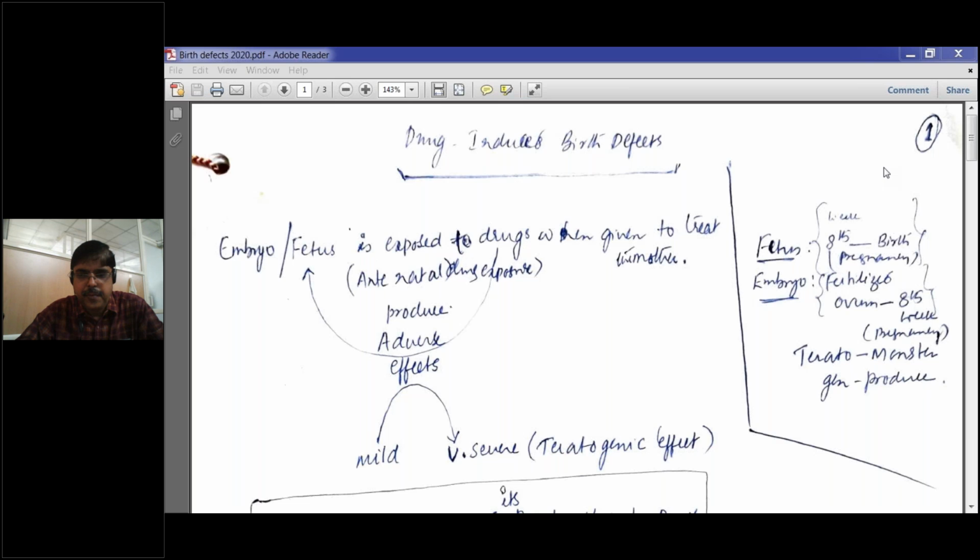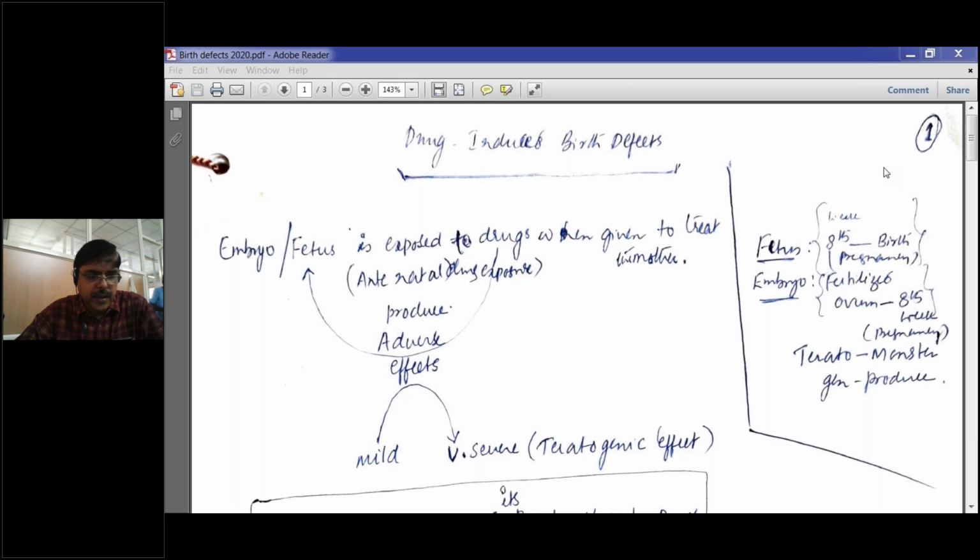Harmful effects. That is very right. Because you do not know what the problem in the fetus is, but when a drug produces an effect, it usually produces an adverse effect.